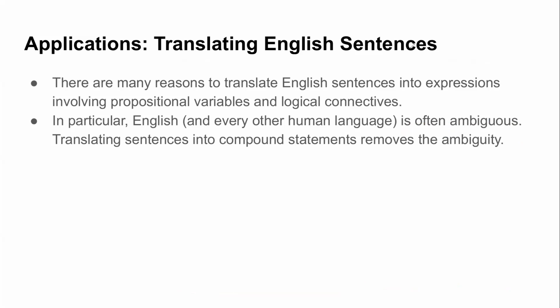A lot of times the things we use make our statements very ambiguous. So the best way if you want to operate on those sentences is to change them into compound statements. Okay, what are compound statements? Compound statements are basically your simple propositional variables connected by various logical connectives. It could be conjunction, disjunction, complement, implication.